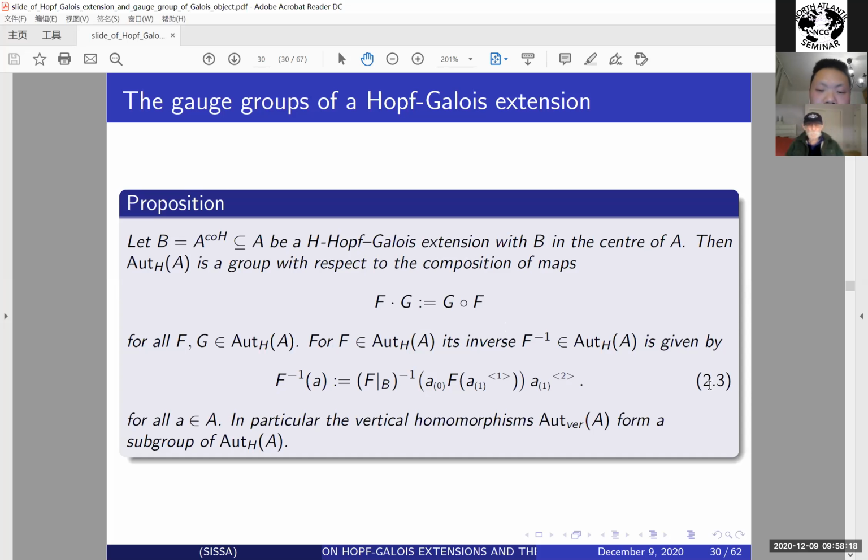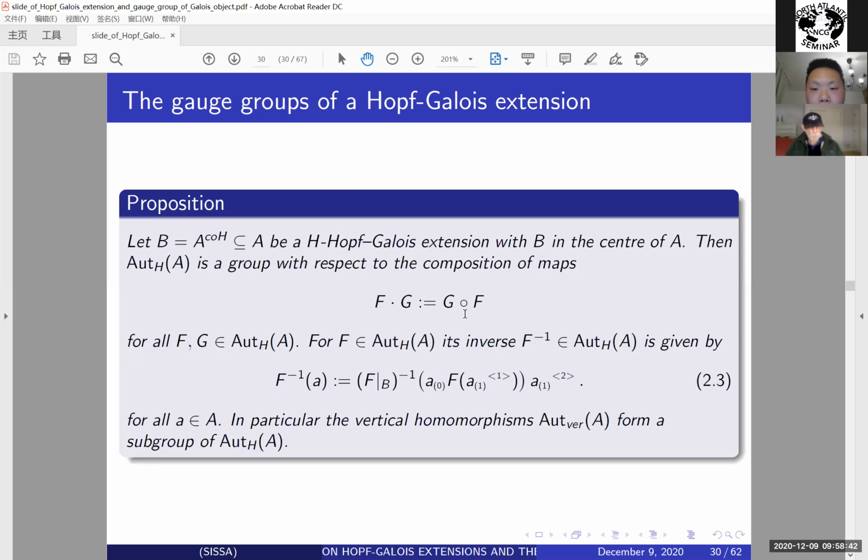After some computation, we can see if B does not belong to the center, then we cannot derive F inverse to be an algebra map, and also the composition of 2 different maps, like F and G, is not an algebra map anymore, even if F and G are algebra maps. So they always need some commutation relation of B with some other element in A.